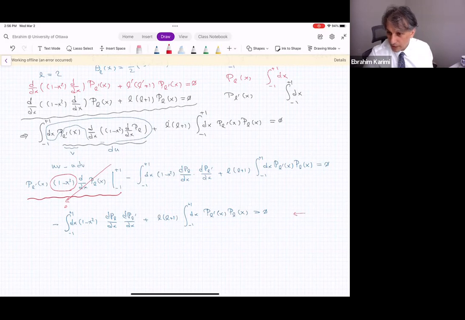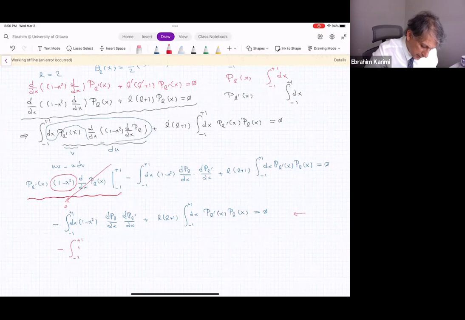The only difference is that any L is replaced by L prime and any L prime is replaced by L. So what we will get is minus the integral from minus 1 to plus 1 dx (1 minus x squared) dP_L'/dx dP_L/dx plus L prime times (L prime plus 1) integral from minus 1 to plus 1 of P_L(x) P_L'(x) equal to 0. Do you agree?